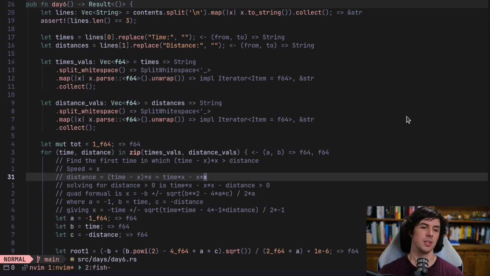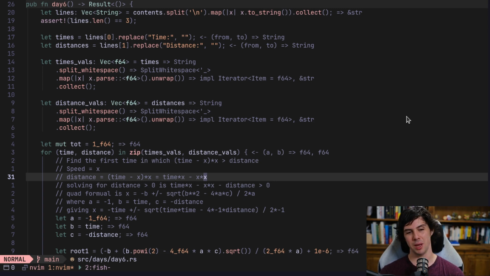If we want to know the distance that boat is going to travel, it's whatever time is left, so the time minus however long we held our finger down, x, times the speed, which in this case is the value x, because the speed builds up at 1 millimeter per second per millisecond. I don't know why they didn't use meters and seconds. It'd be a lot easier to explain.